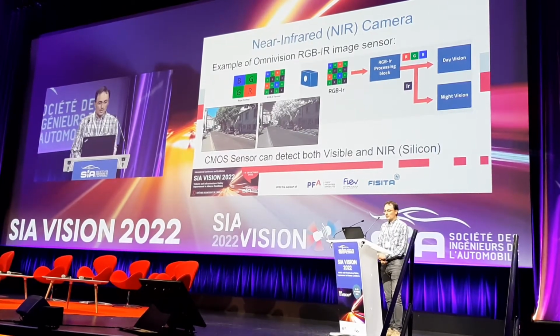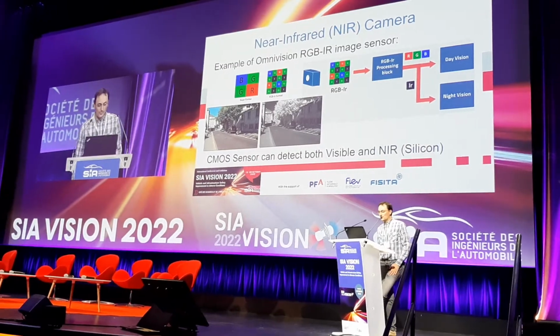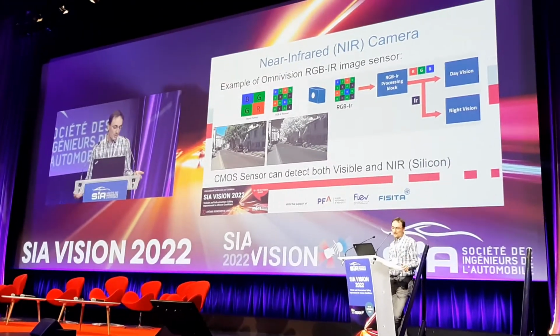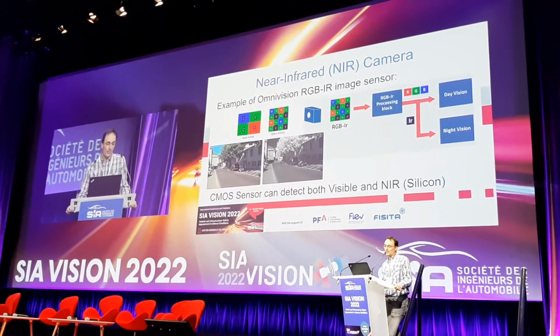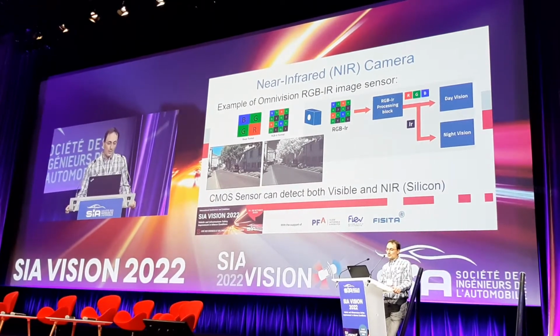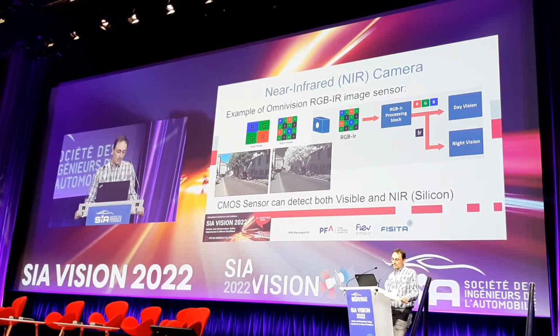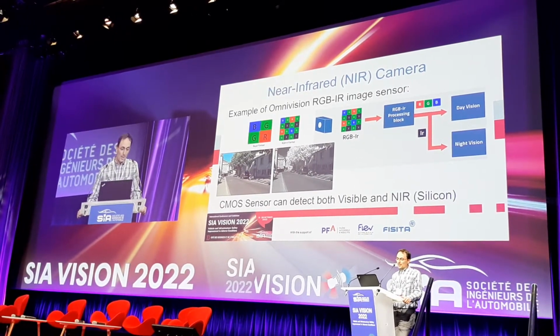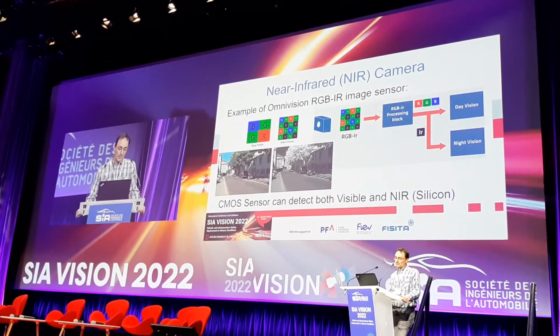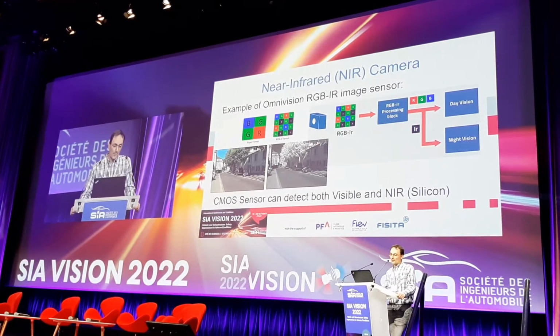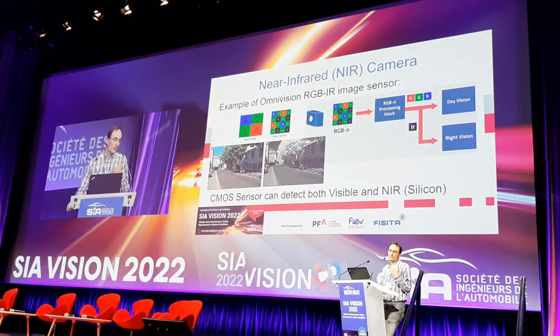So we can use first, a common camera, a near-infrared camera. A near-infrared camera is easy to do because we can use the same sensor made of silicon. So we can switch easily by changing the filter we put.